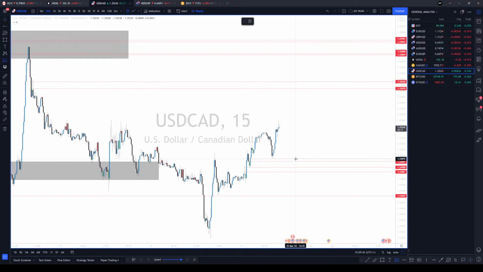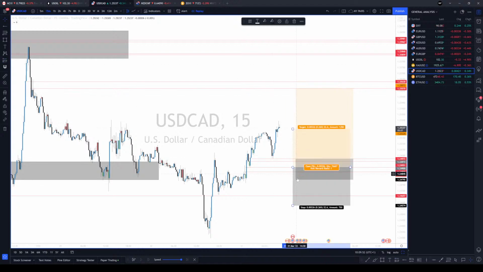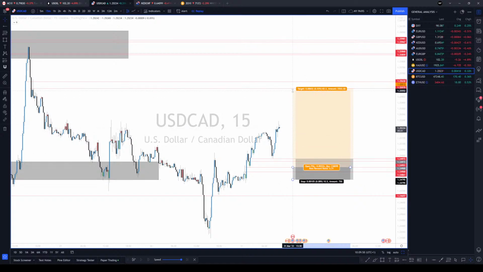But just paper trade it, because it's not something that is based on seasonality. So I'll paper trade this. Alright, so New York session, we'll see how this one will behave.